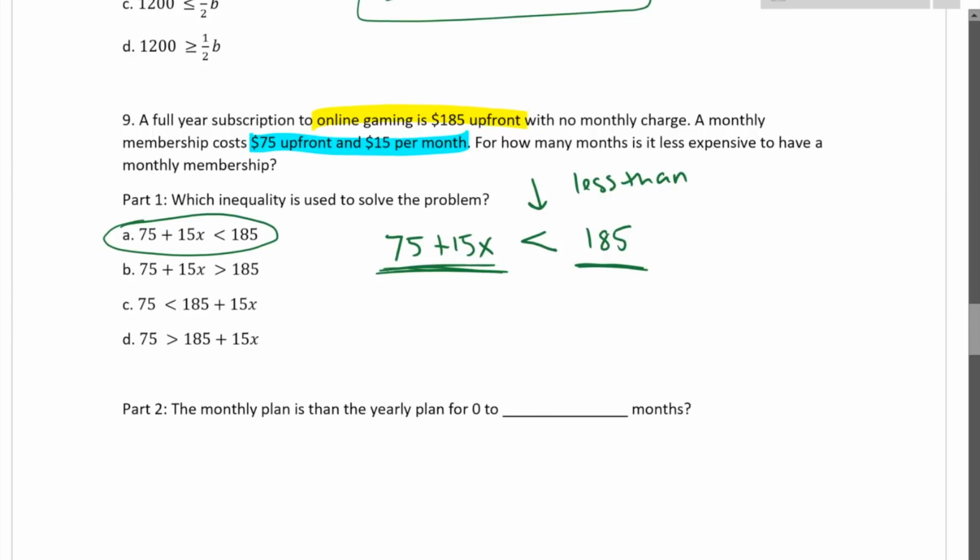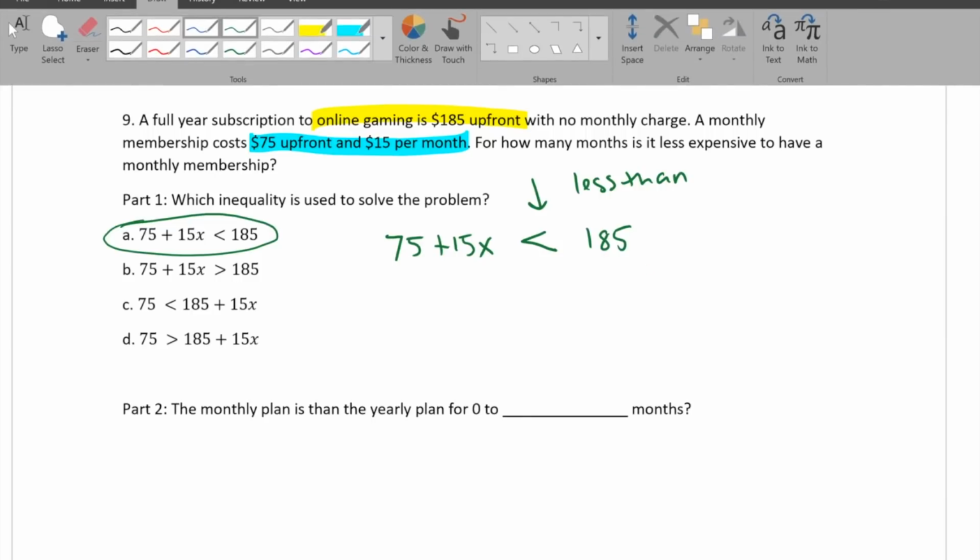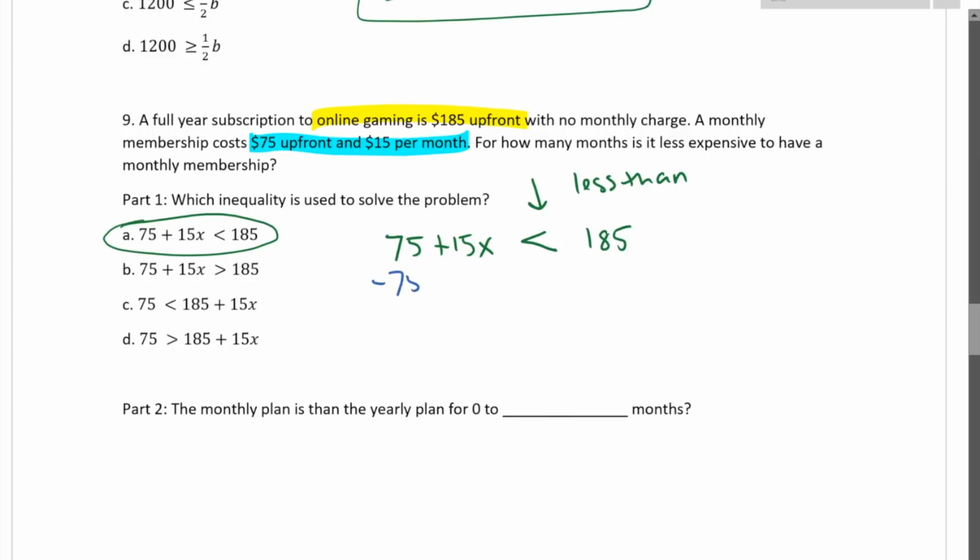So how do we figure this out? Well, we simply solve this problem. So let's go ahead and solve it right now. I'm trying to get x by itself, so let's subtract 75 from both sides. So 185 minus 75 gives you an answer of 110.